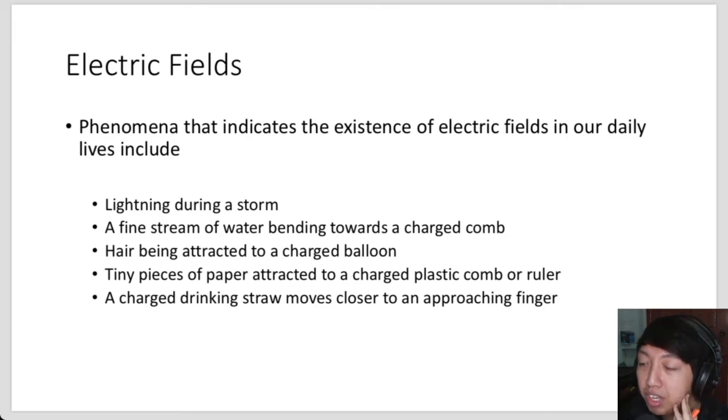And so, those of you who remember what you studied in Form 2 might notice that these things seem very similar to the things that we study in the topic about electrostatics or static electricity, and you will be correct because electric charge is just another word for static electricity actually.